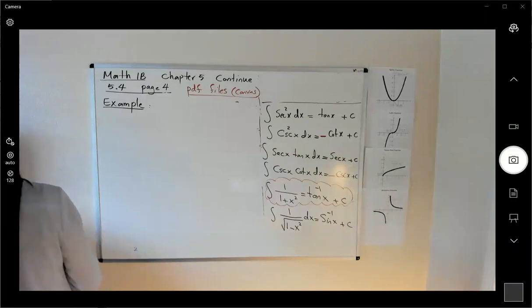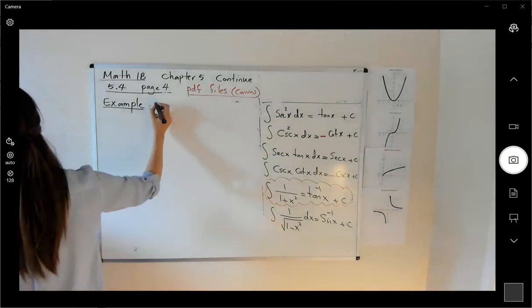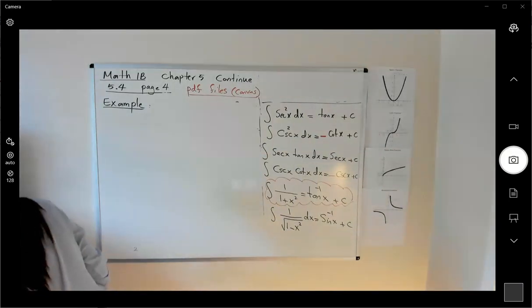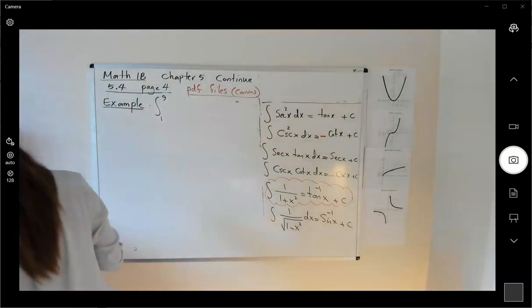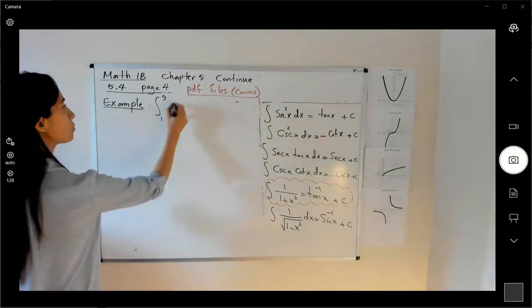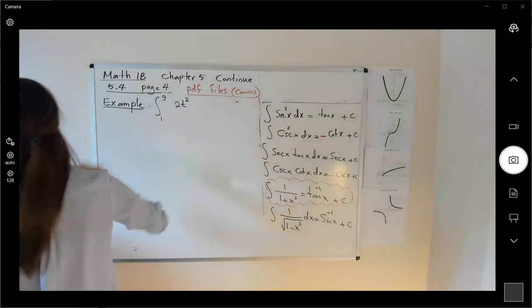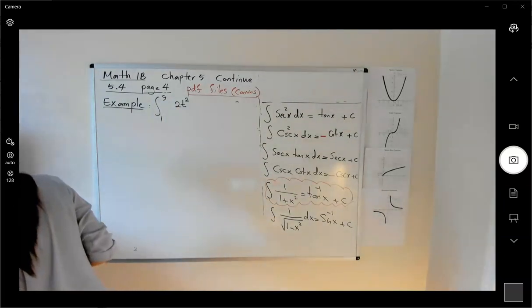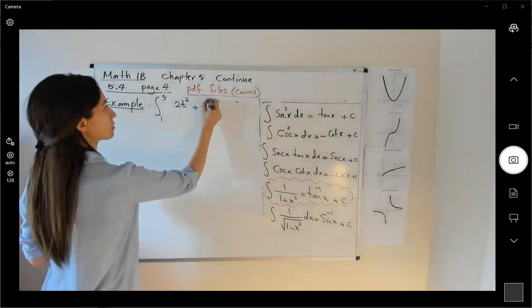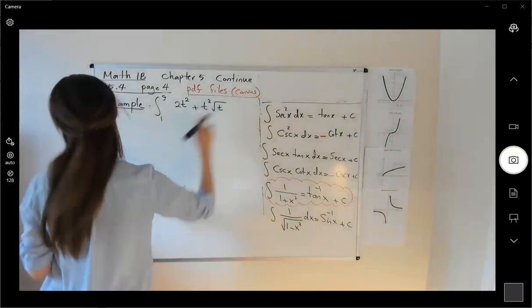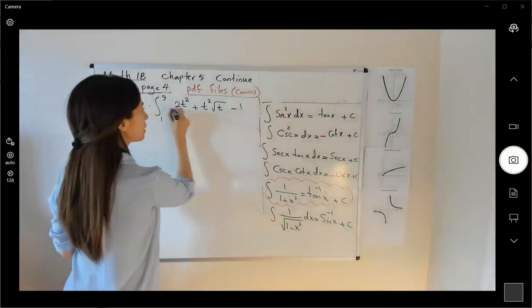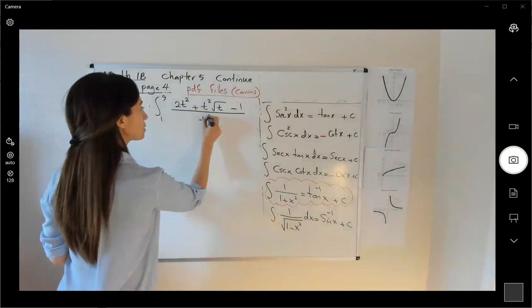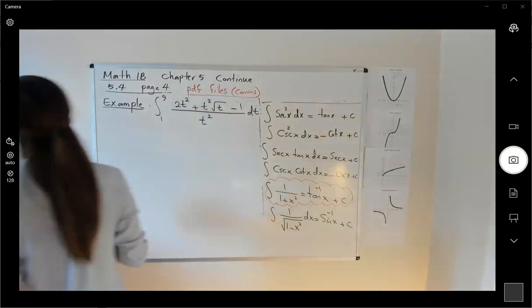Well, here we have a radical function. So this example says evaluate the integral from 1 to 9. So you have a lower limit, you have an upper limit of the function 2t squared plus t squared times square root of t minus 1, everything divided by t squared dt.